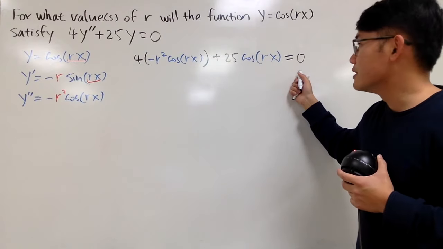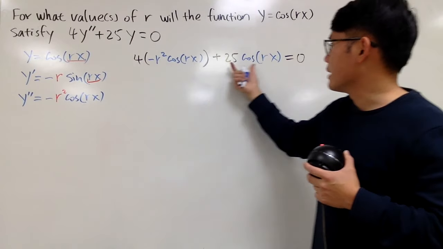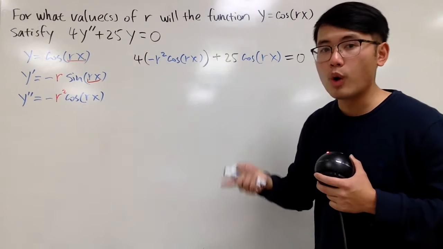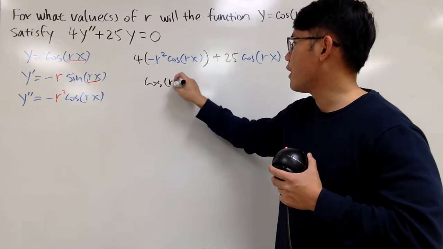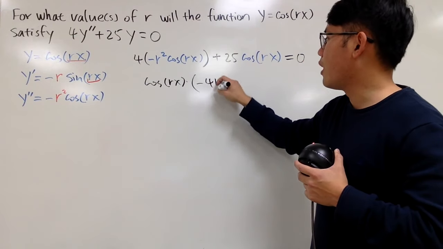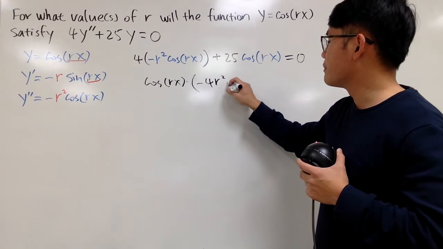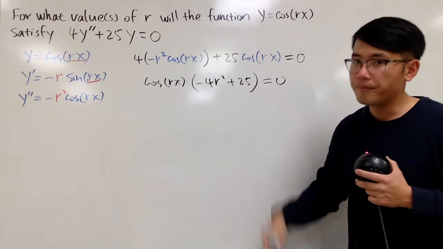And now check this out. Both terms have cosine of rx, so we can factor that out. We'll have the cosine of rx all the way in the front, and then here we have negative 4r squared plus 25, and this is equal to 0.